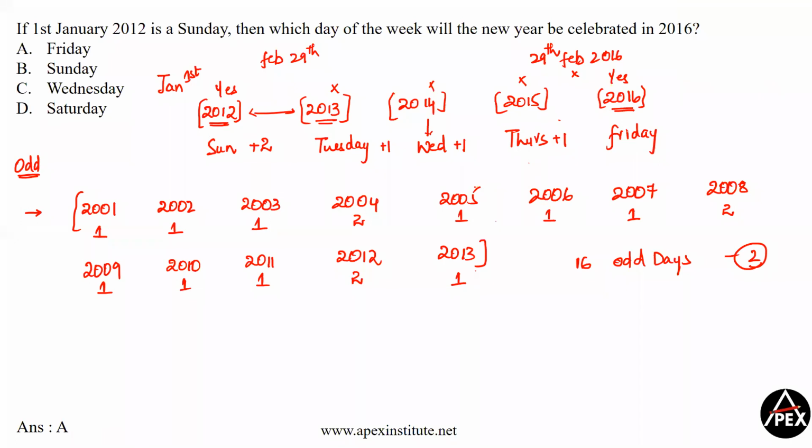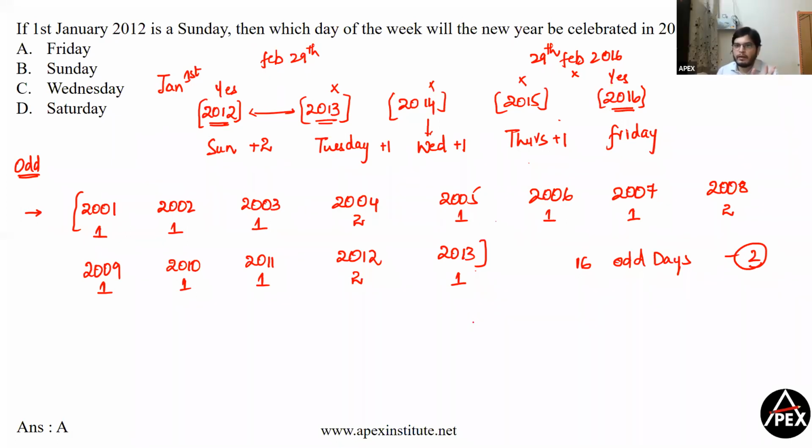By calculating leap years. Then doing it this way would be difficult. 85 by 4, sir. Okay. Let's see.